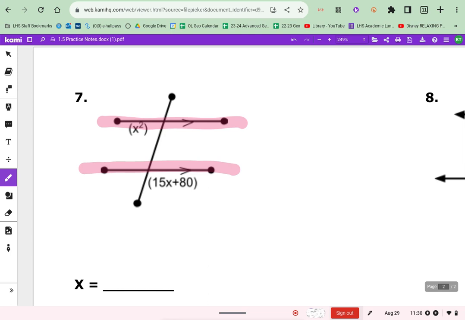Did you guys find anything? Do they have a relationship? No, they don't have a relationship yet.